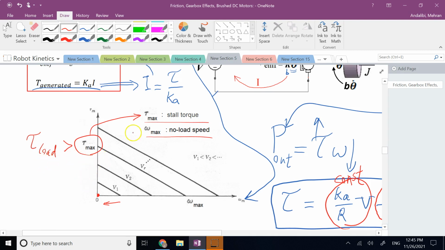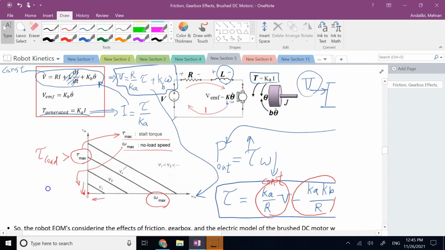When the motor can rotate freely, the torque goes all the way down to zero, and that's where the rotor of the DC motor can spin the fastest. That fastest RPM is what we call the no-load speed. So these are like the X and the Y intercepts of the tau versus omega curve. X-intercept is the no-load speed, Y-intercept is the stall torque.